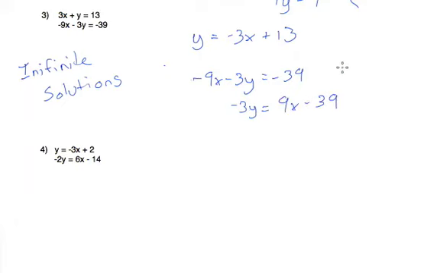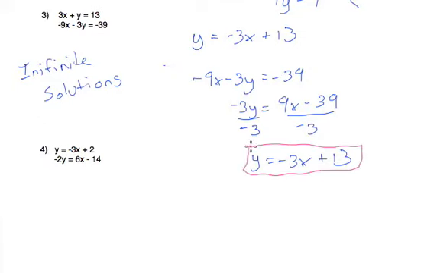And then you are going to divide by -3, and you get y equals 9 over -3 is -3x, and -39 divided by -3 is positive 13. And, ta-da, you've got y equals -3x plus 13, the same line, and so there are an infinite amount of solutions.